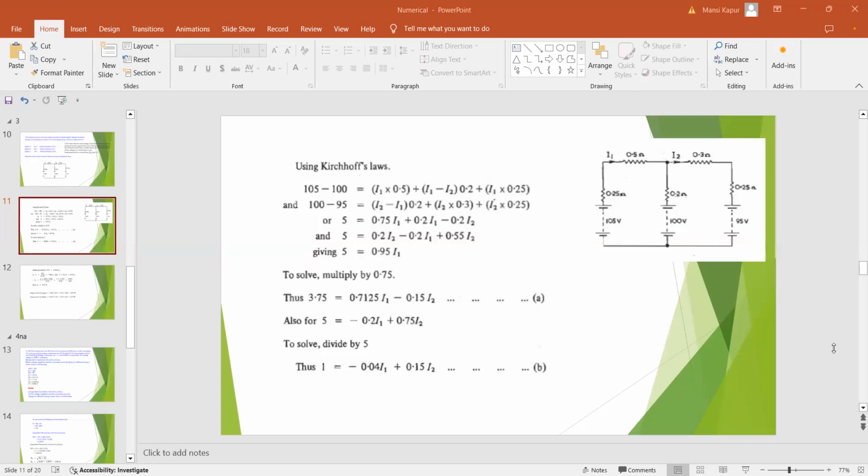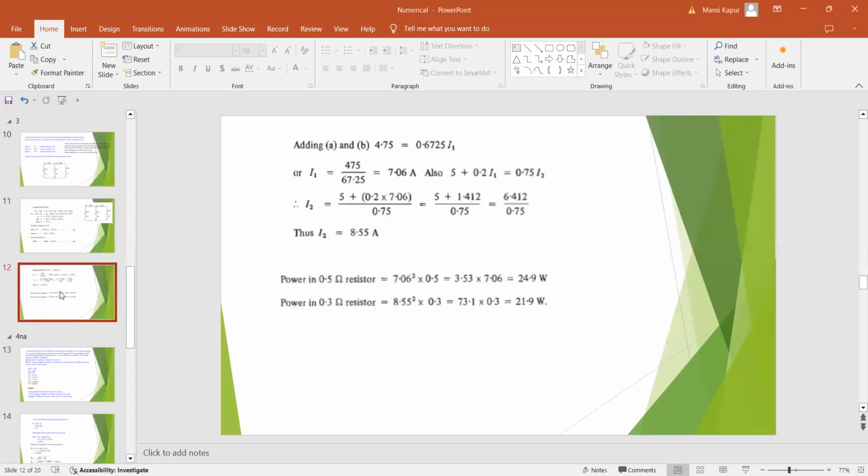So I2 will be equal to 5.75 divided by 0.753. Your I2 will be equal to 7.82. Correct? I2 will be equal to 7.82.